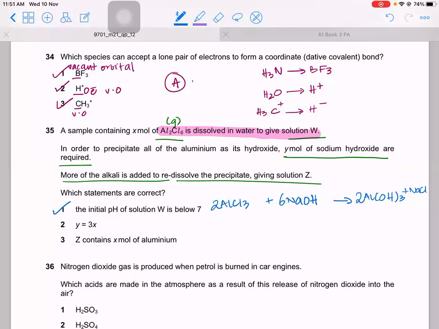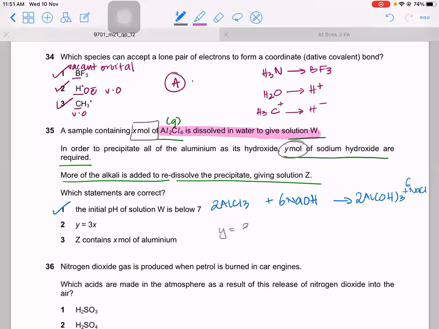And then NaCl will also be 6. So they are saying Y is equal to 3X. So X mole of Al2Cl6 gives you Y moles.